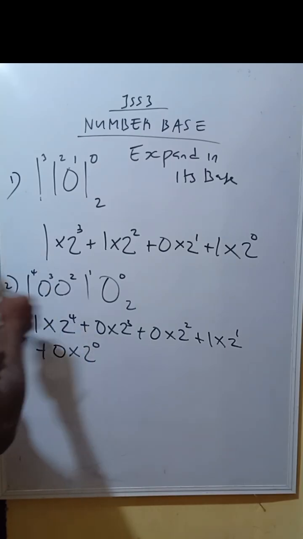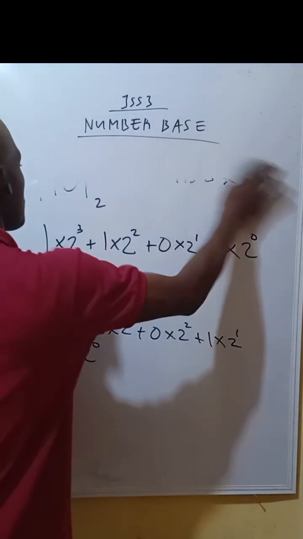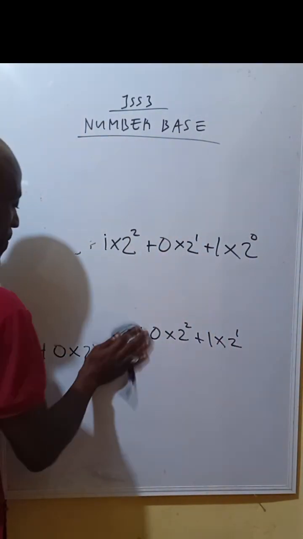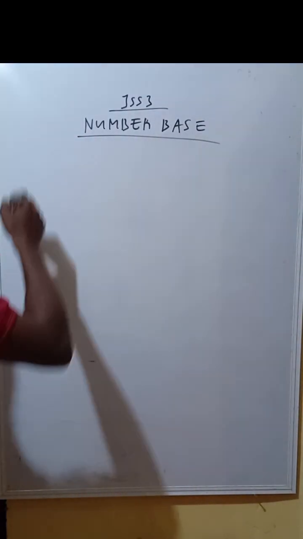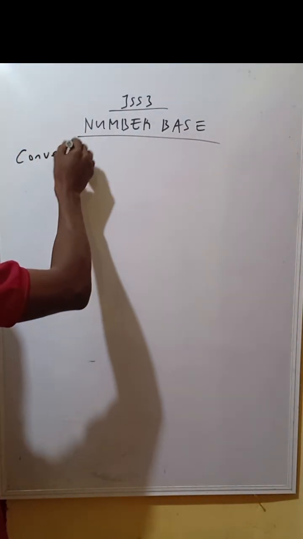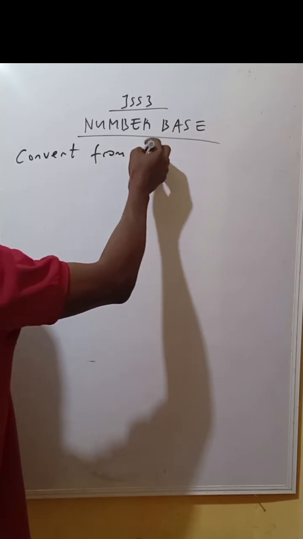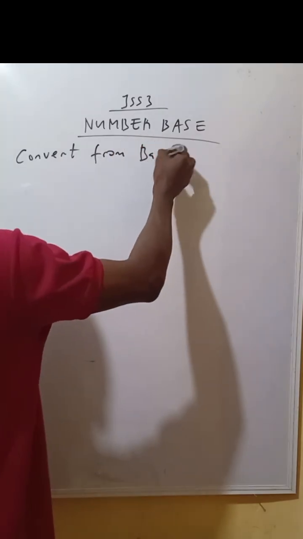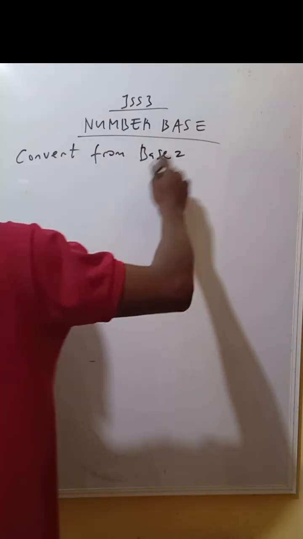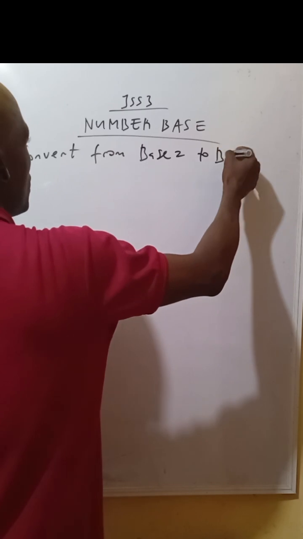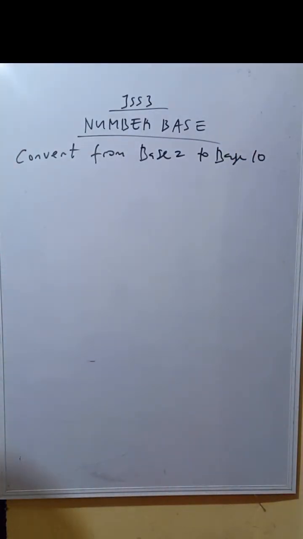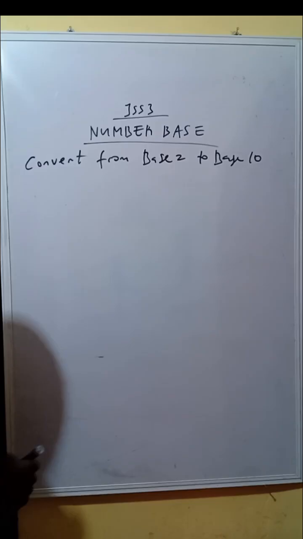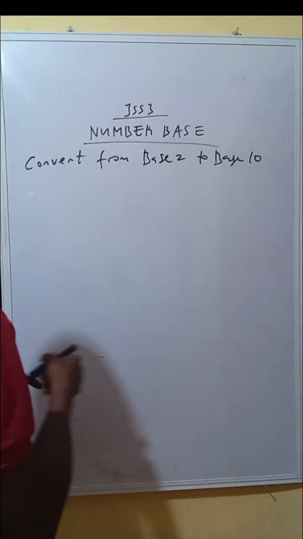So how do we then convert from base 2, which is binary numbers, to base 10? Because every number can be converted to another number in a different base. How do we convert numbers from base 2 to base 10?